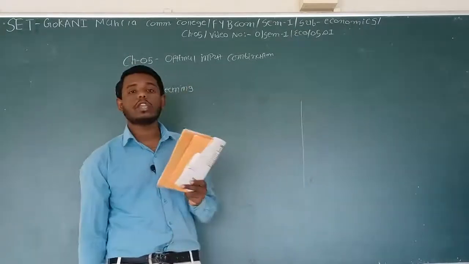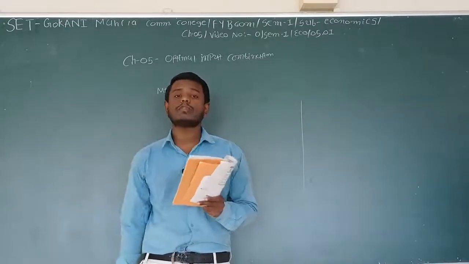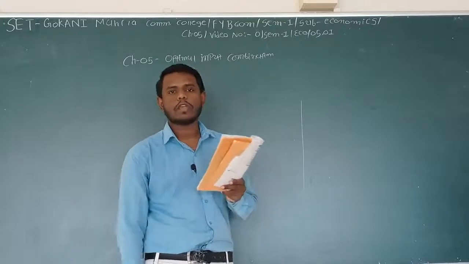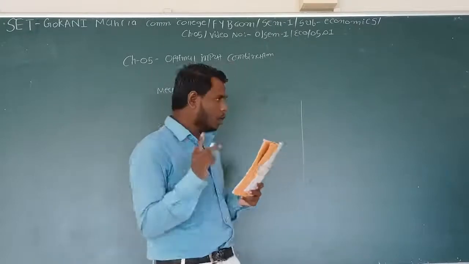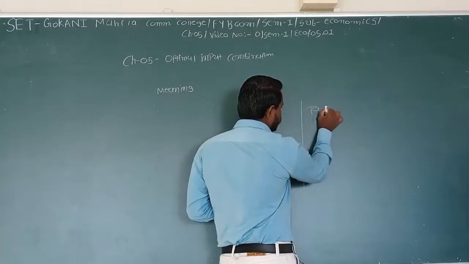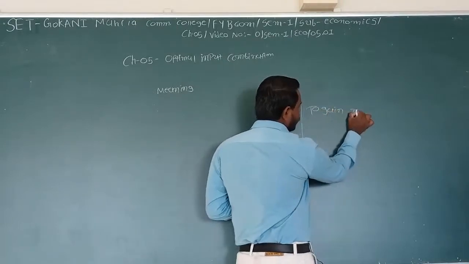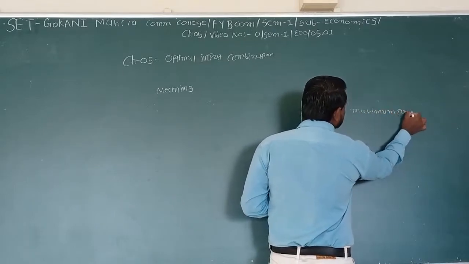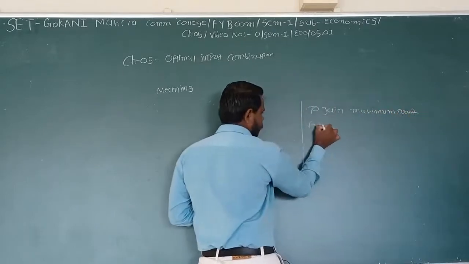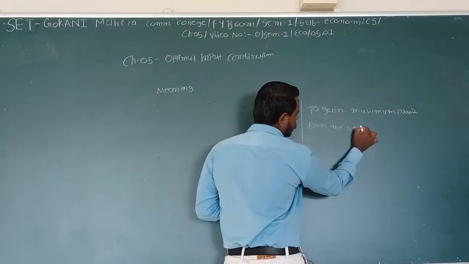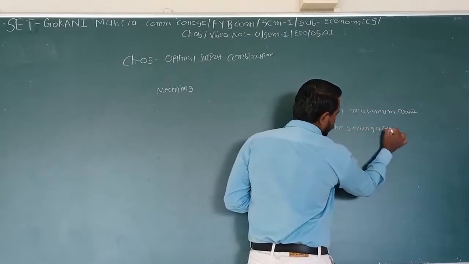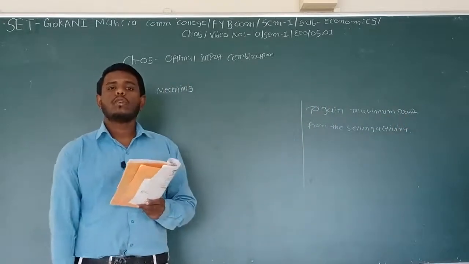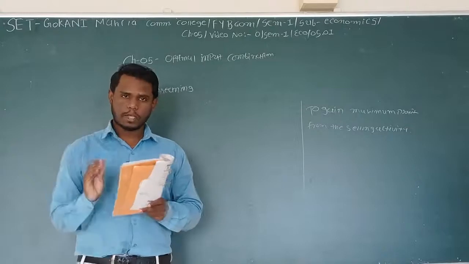As we have seen earlier, in 11th and 12th also, what is the ultimate objective of any firm? The ultimate objective of any firm is to gain maximum profit from selling. This is the ultimate objective of every firm available in the market.